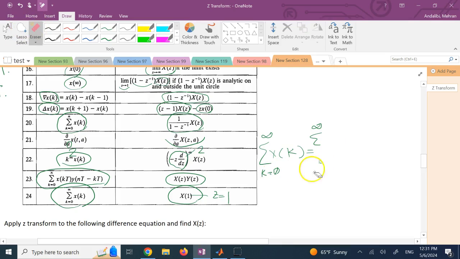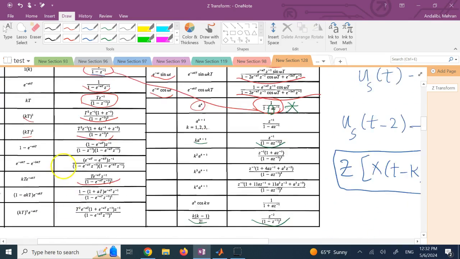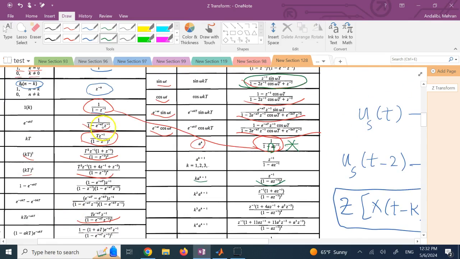Then, let me write it here. We find the z transform for that e, which we already have up here, remember?